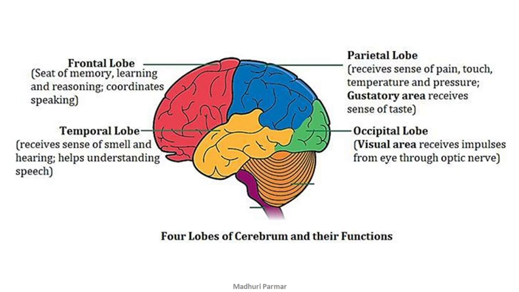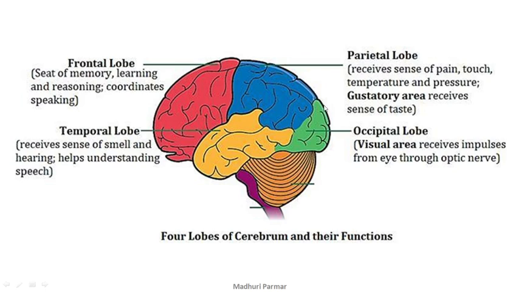It is the area which understands language. Then you have this blue area, which is called parietal lobe. Parietal lobe has to do with sensation like pain, touch, temperature, pressure. And if you look inside, there is a part which is gustatory area. Gustation is sense of taste.